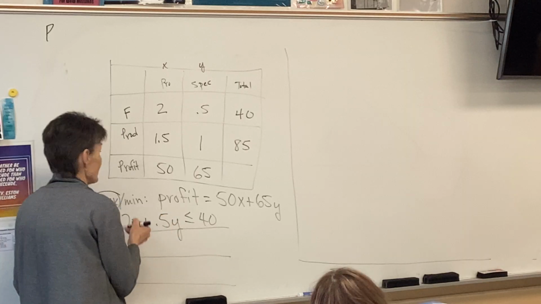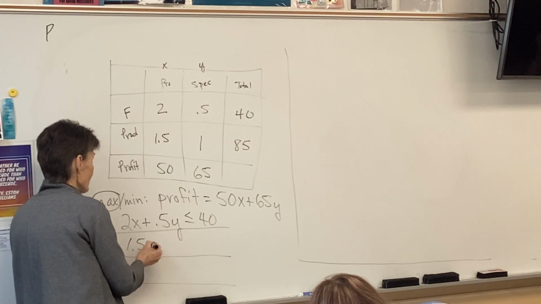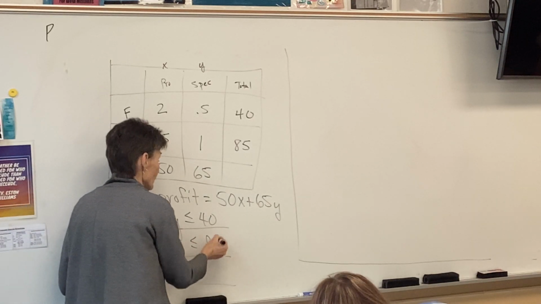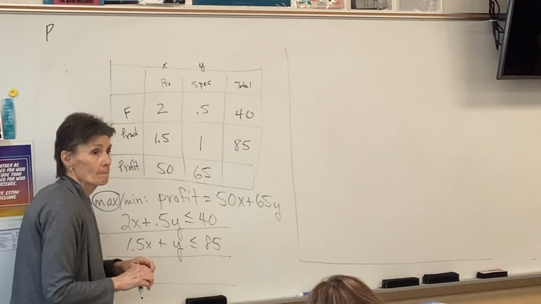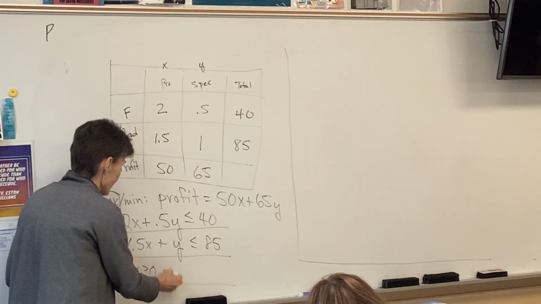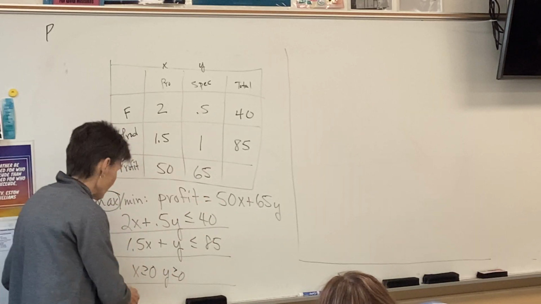And then, what about this one? 1.5x plus y less than or equal to 85. And then we have the 2 that are always in there, but we've already graphed that because we're in quadrant 1.